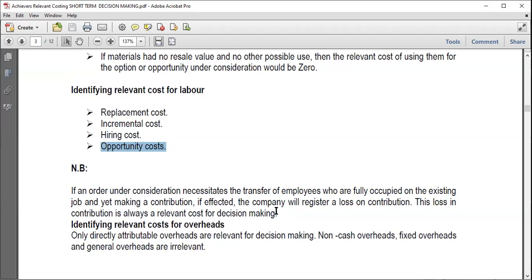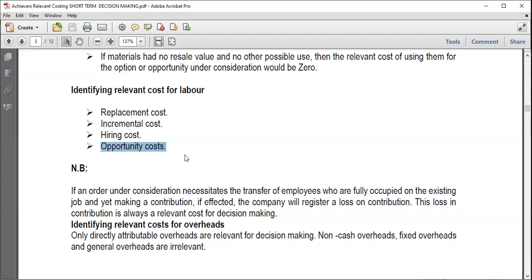Like you've seen here, they're saying if the order under consideration necessitates the transfer of employees who are fully occupied on existing jobs and yet making a contribution, the company will register a loss, like the loss I've just given you. This loss of contribution is always a relevant cost for decision making, which we've called the opportunity cost here.